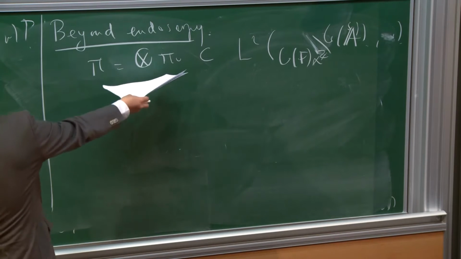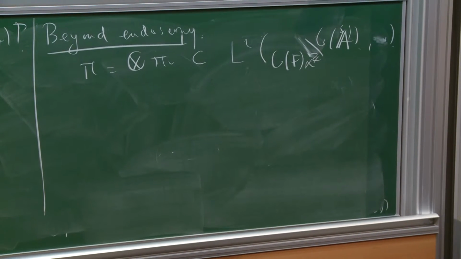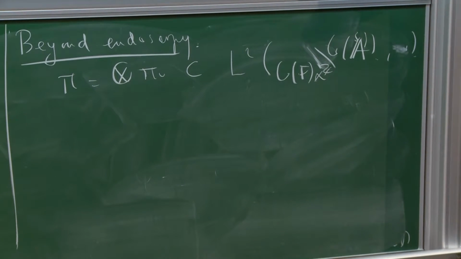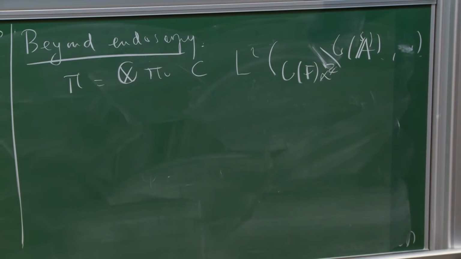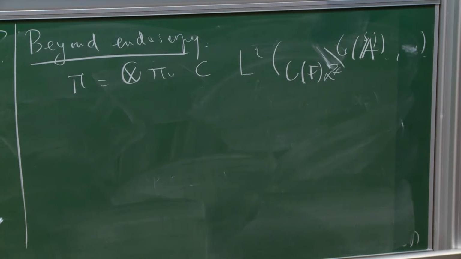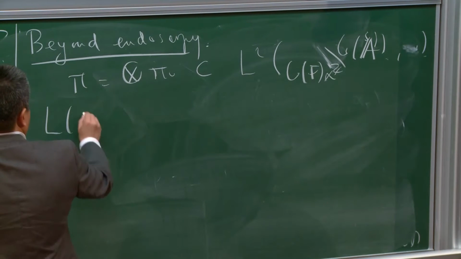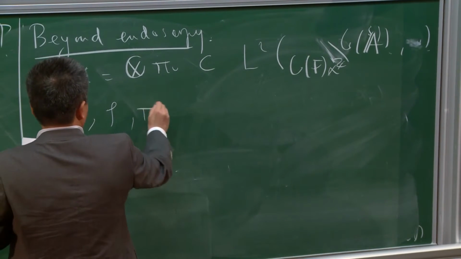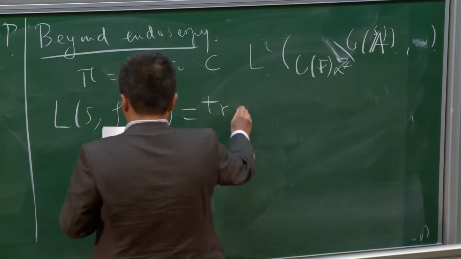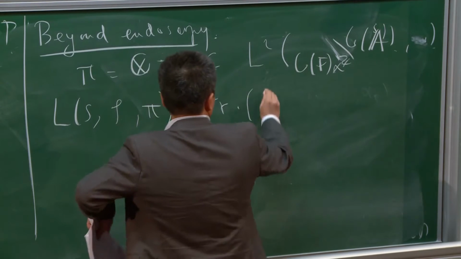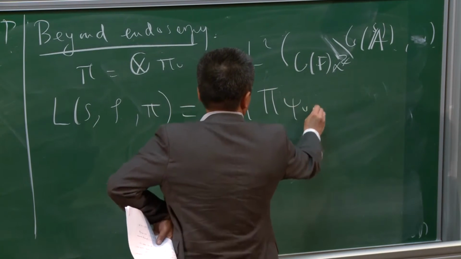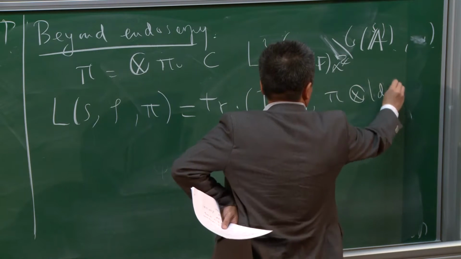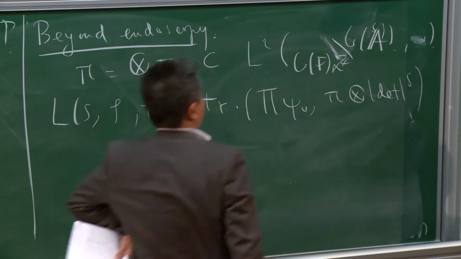So assume this representation is unramified everywhere. Then you can write that L of s, rho, pi is the trace of the product of psi v on pi tensor determinant to the s.